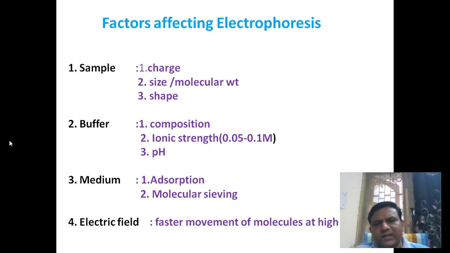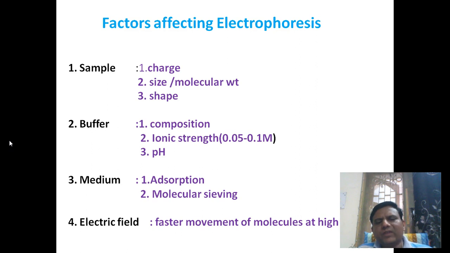Due to the increase in temperature, your agarose gel starts to melt, and it will affect the porosity of that agarose gel. So the high electric field affects the porosity of the gel due to the increase in temperature, and ultimately the mobility of your molecule increases.